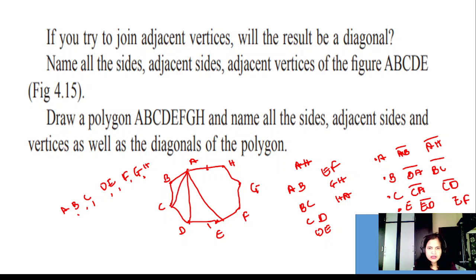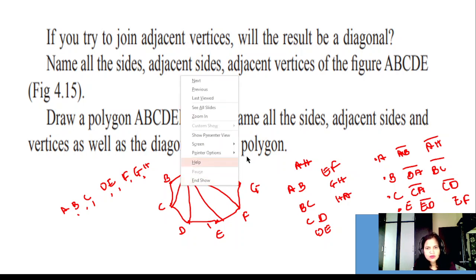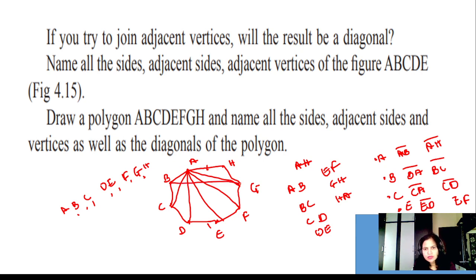This is an adjacent side. This is a diagonal. This is a diagonal. Okay, from this point again, all of these become diagonals. This becomes a diagonal, this becomes a diagonal, this is a diagonal. Okay, again if you take one more point, it becomes complex.